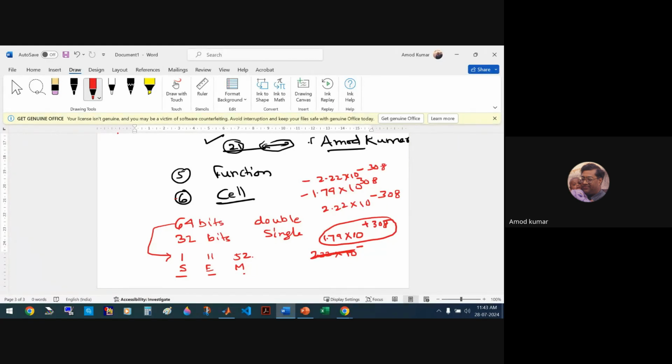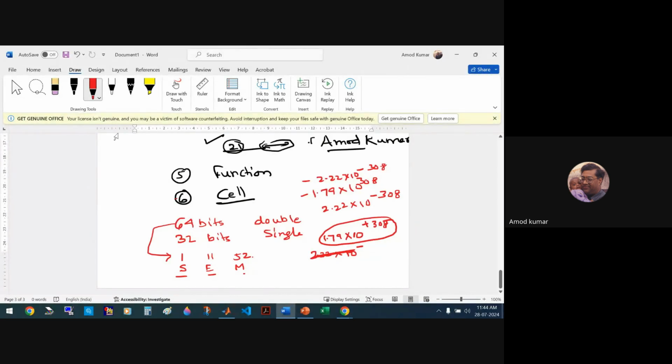I think you can well appreciate. I just told you these numbers, don't remember them, just to show that such large numbers are represented by MATLAB in the computer.